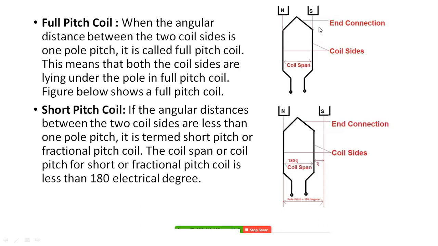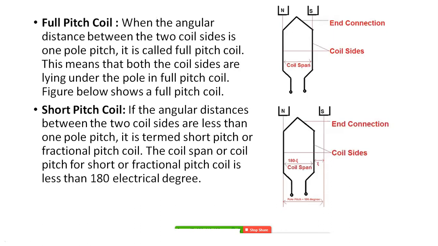You might have studied this earlier in Machine 1, for the case of DC machines also. The distance between the north and south pole, which is one pole pitch, is nothing but 180 degrees electrical. And I hope you also know the electrical degree and the mechanical degree.